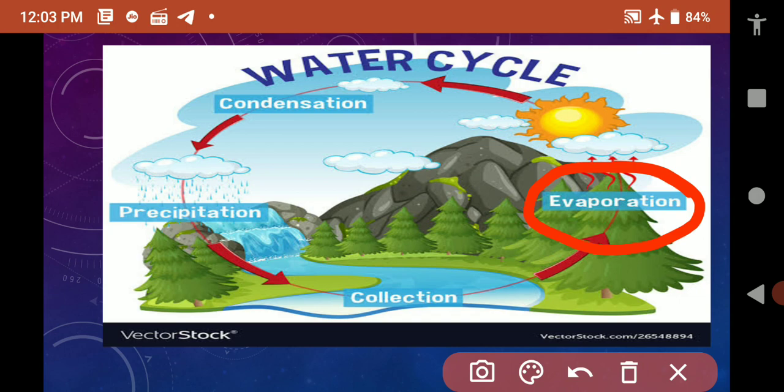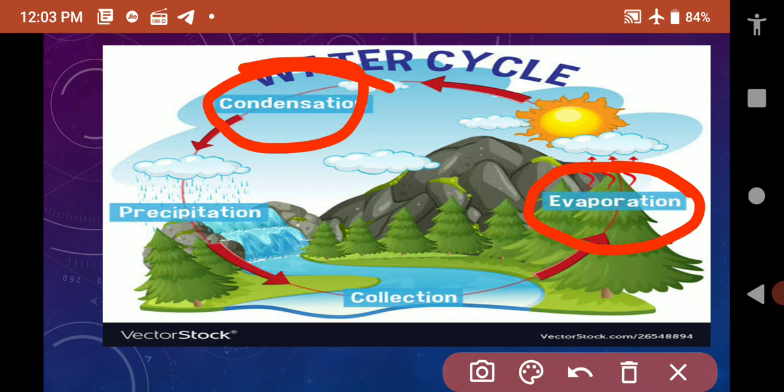It goes to the sky, and after some times, water vapor cools down and changes into tiny droplets of water. This process is called condensation, and cloud is formed.